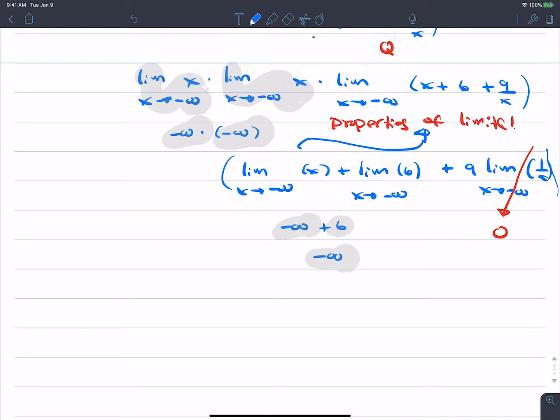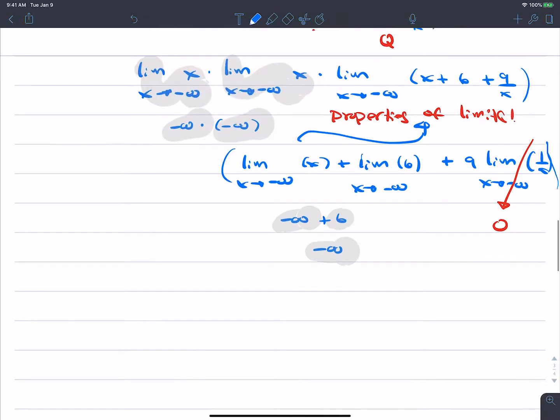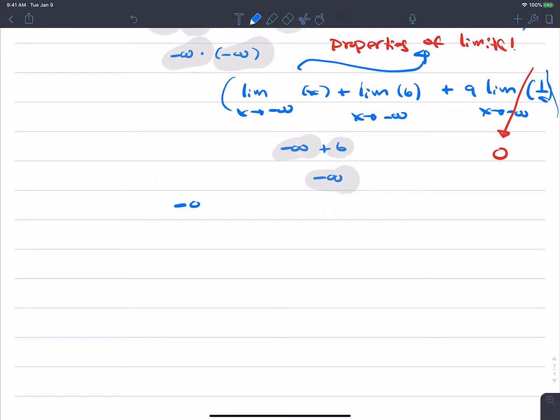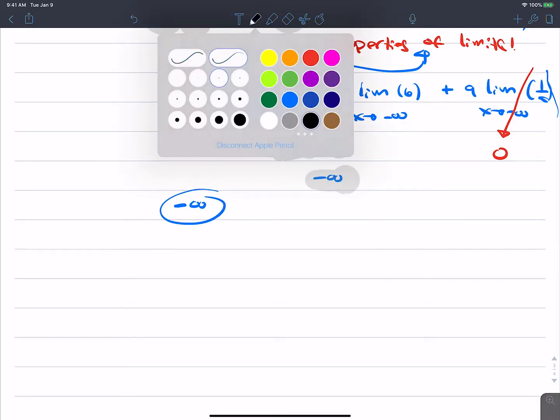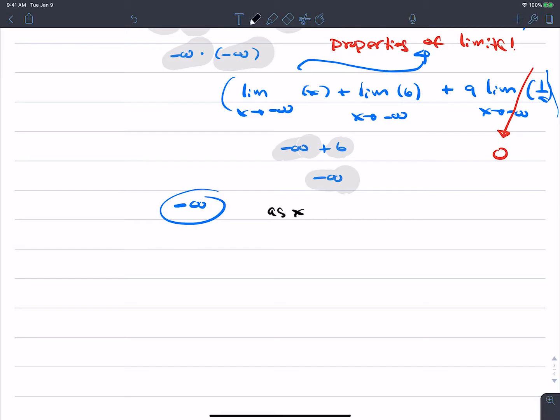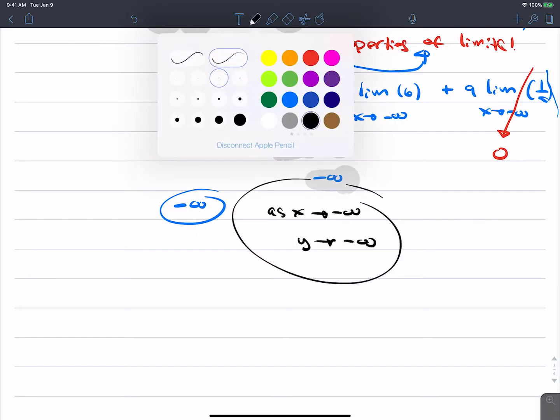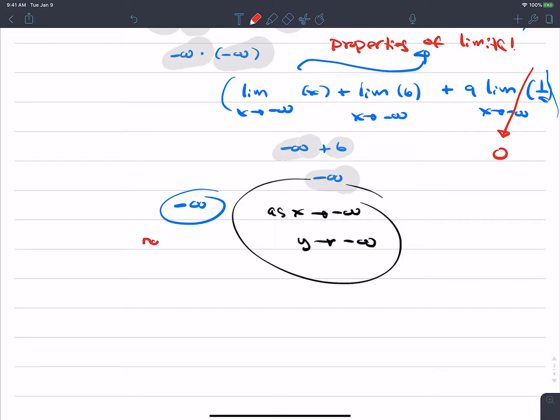So what's negative infinity times negative infinity times negative infinity? This is negative infinity here. So our conclusion now is that as x goes to negative infinity, y goes to negative infinity as well. That's going to be our end behavior. Okay, since we don't have a finite value, this is not a horizontal asymptote.